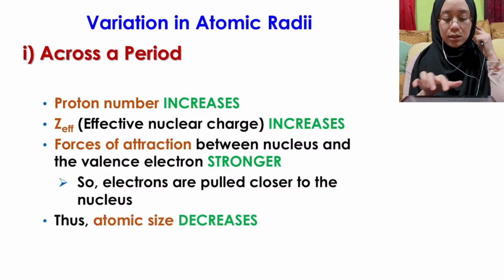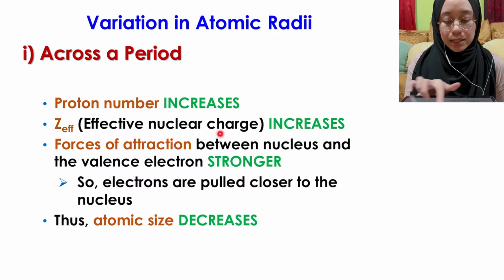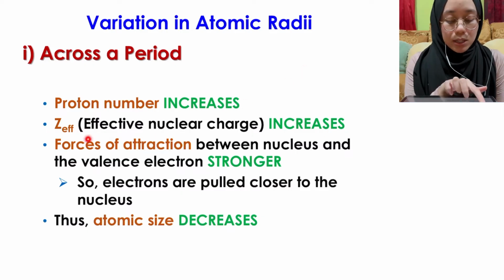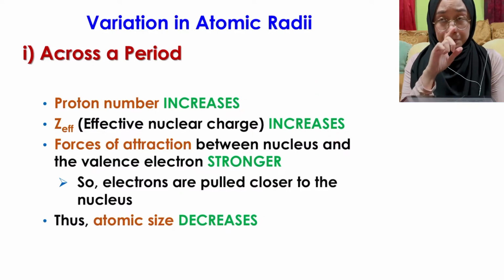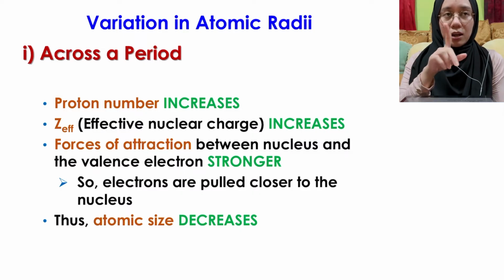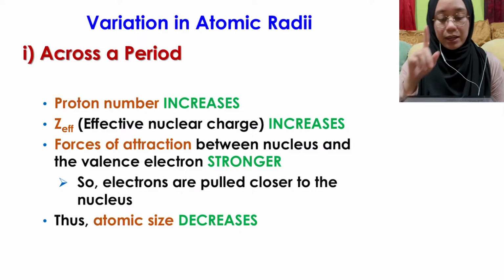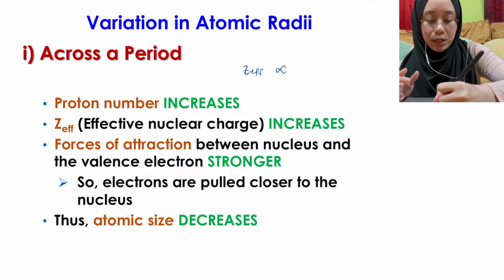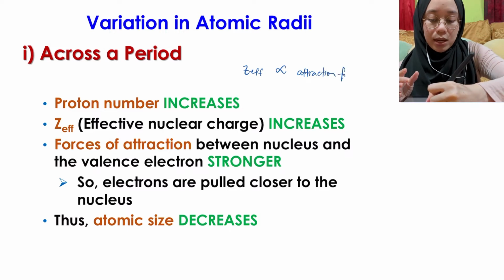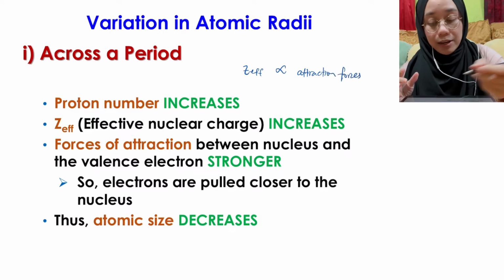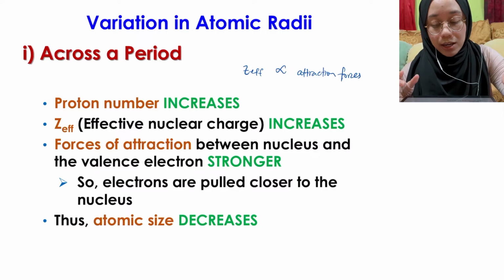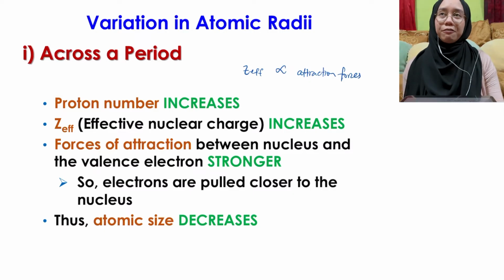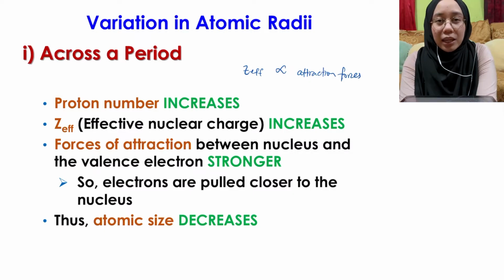So basically class, kalau kita fokus dengan point yang nombor 2 ni kan, ZEF ni, dia bagi tahu proton number increase, so the ZEF also increases. Maksud kat sini, kalau ZEF meningkat, ZEF is basically directly proportional to the attraction forces between nucleus and valence electron. Okay, so ZEF ni dia macam value, macam rating tau.